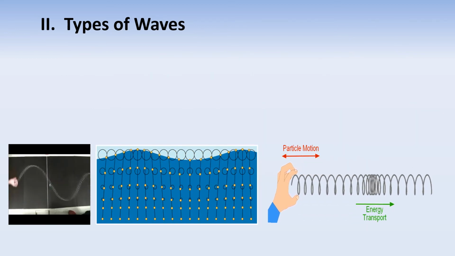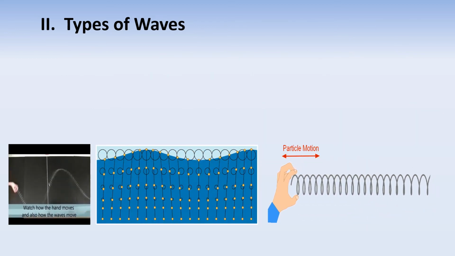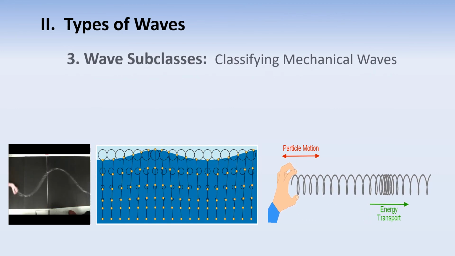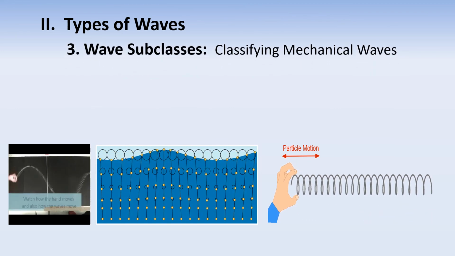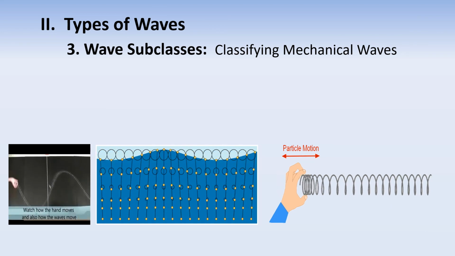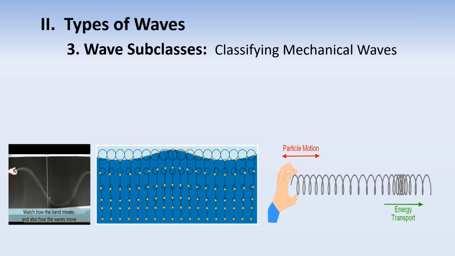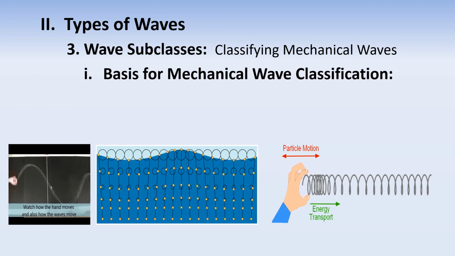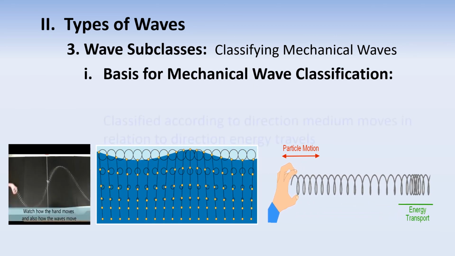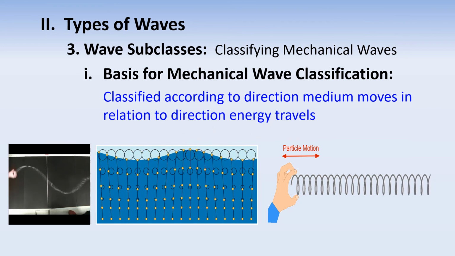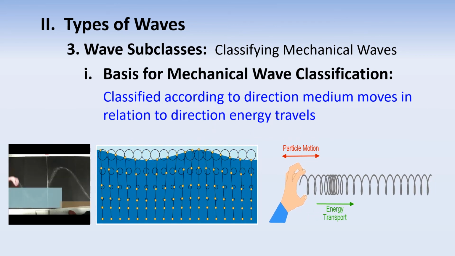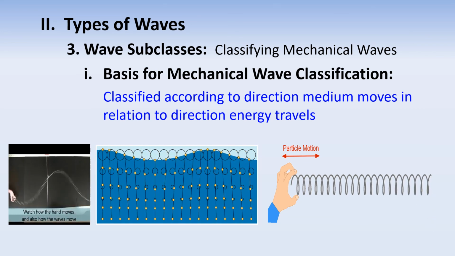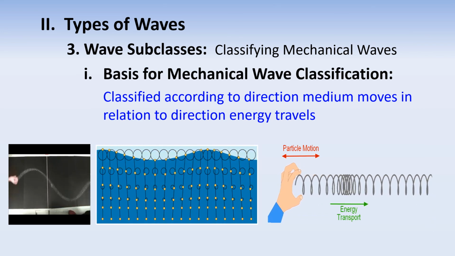So while we said that all waves can be classified as either mechanical waves or electromagnetic waves, it turns out that when we talk about mechanical waves specifically, there are subclasses of waves. So how is it that we classify mechanical waves into these subclasses? Mechanical waves are classified according to the direction the medium moves in relation to the direction the energy travels.